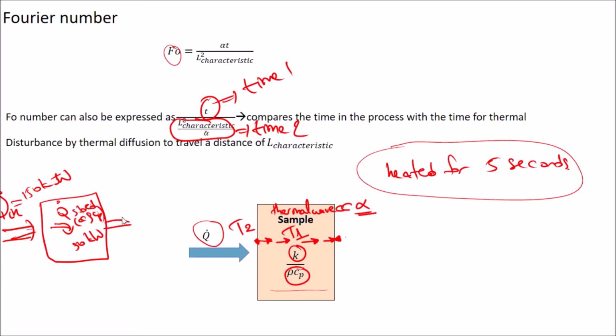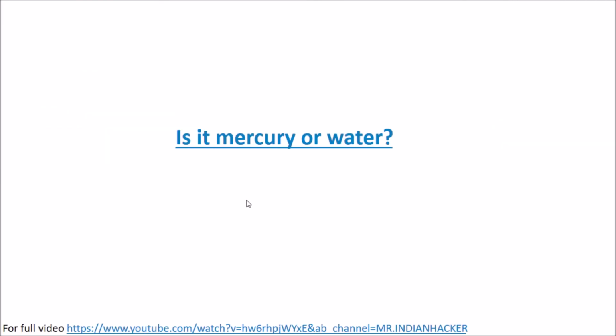And the rest of the heat will be conducted, Q dot conducted, and the difference will be 100 kilowatts. So this one is proportional to K, and this one is proportional to rho into Cp. And the ratio of how much is transferred and how much is stored determines the diffusivity of the material, which is the Fourier number.